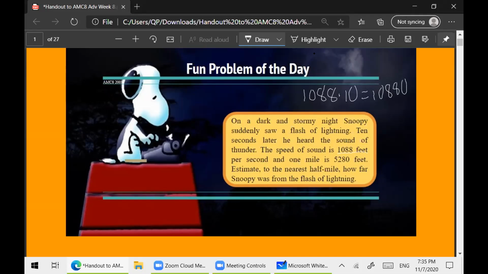And now you also know that 1 mile is 5,280 feet. And so 10,880 over 5,280 is approximately 2. And that's even more accurate than to the nearest half mile, but the answer is 2.